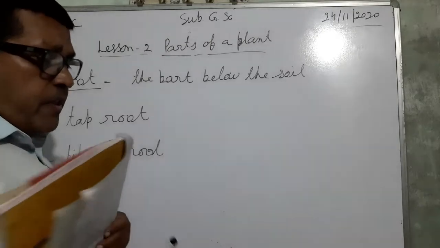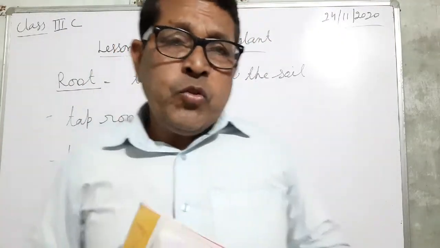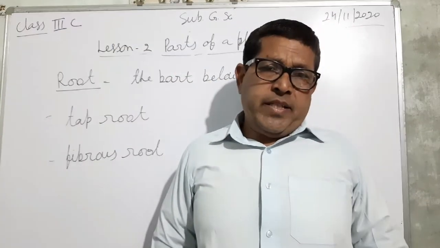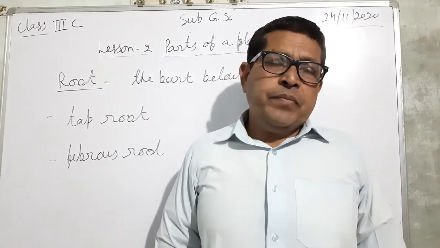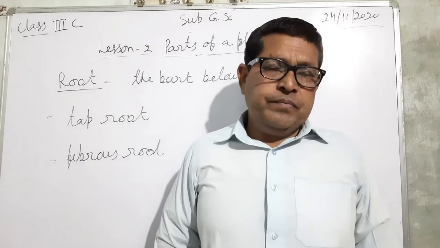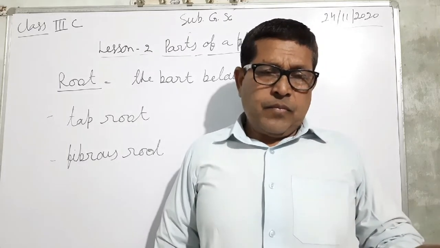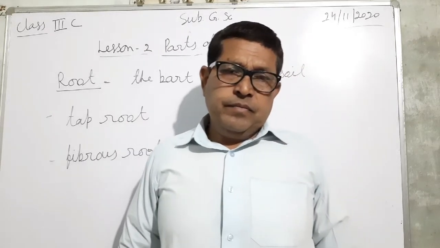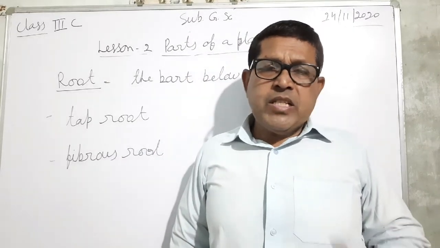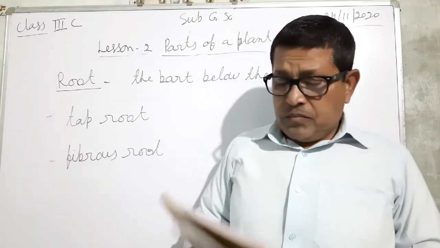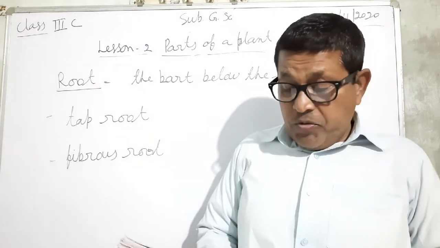You can see the roots of wheat, rice, etc. You also see the root of the mustard. Then you compare them very easily. You can find the difference between the tap root and the fibrous root.